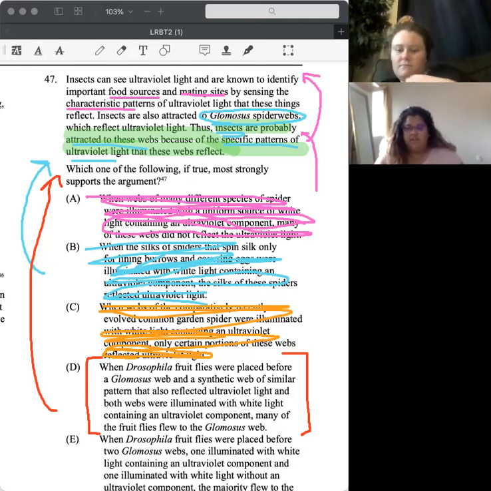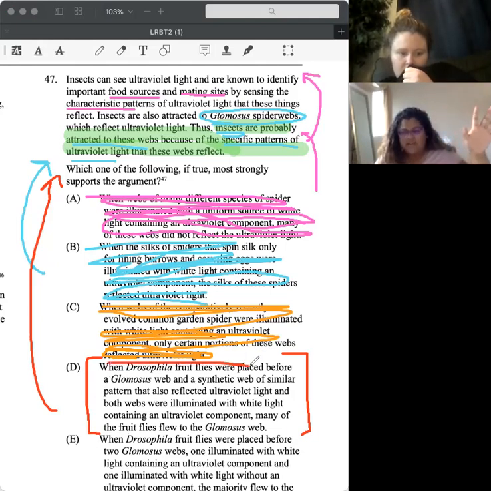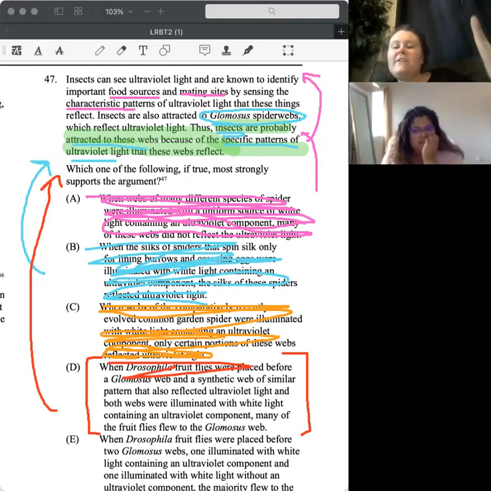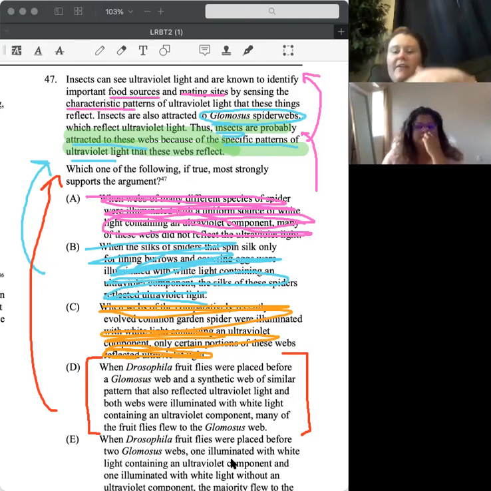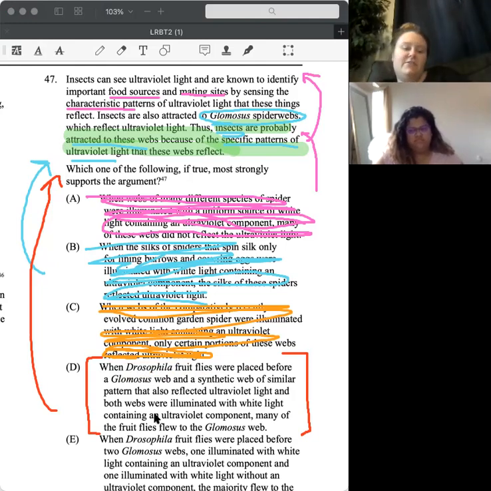Isn't what we're trying to show that the G web should be the only one with the light? Yeah. It would be more right if the S web did not have the similar patterns and they chose the G web. That would strengthen it. But since they have the same pattern, it doesn't do anything.